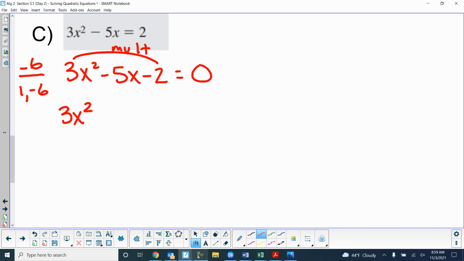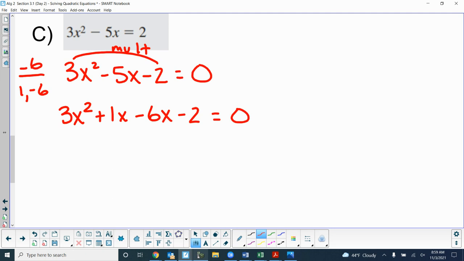What do we do with those? We split them up to make the negative 5x, right? So it's plus 1x minus 6x, and then the minus 2. We turned it into a grouping problem. That's how we did these, remember?